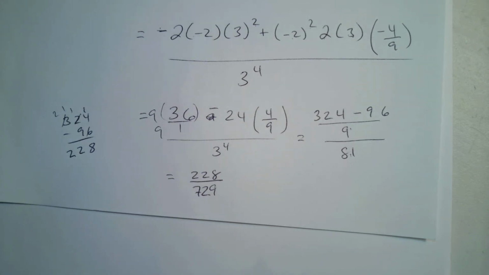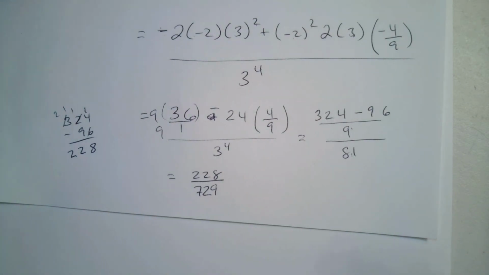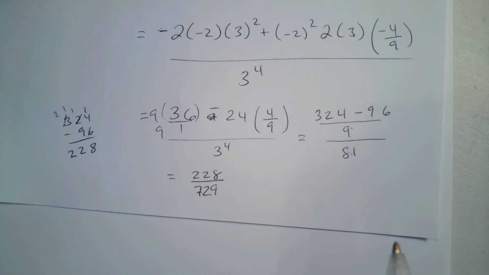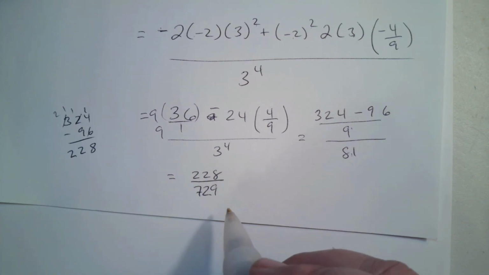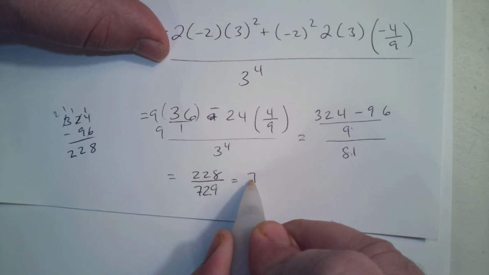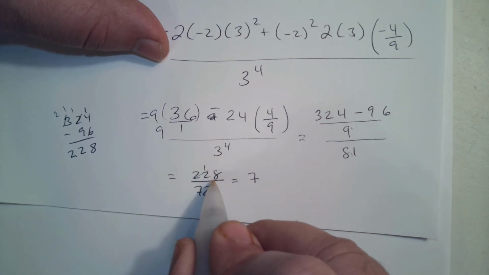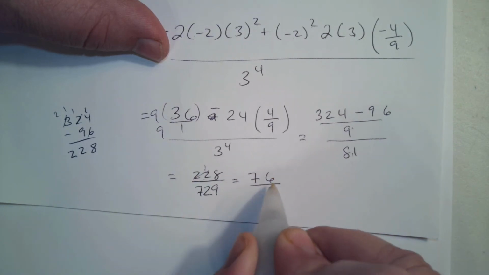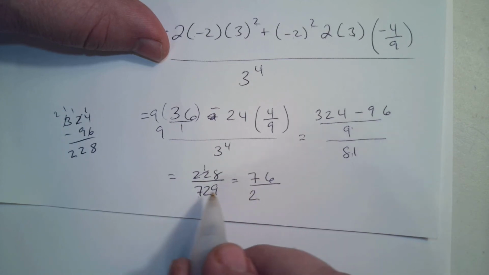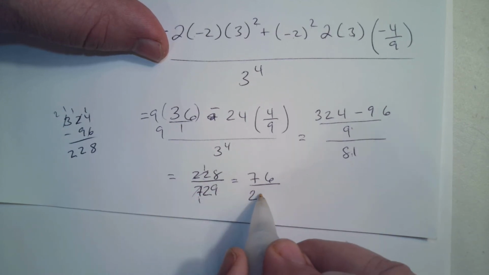Now let's simplify this stuff. See, are they divisible by 3? 3 goes in 228 76 times. 3 goes in 729 243 times.